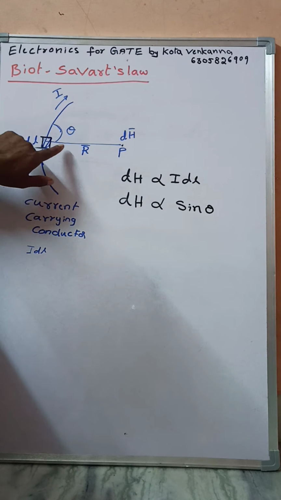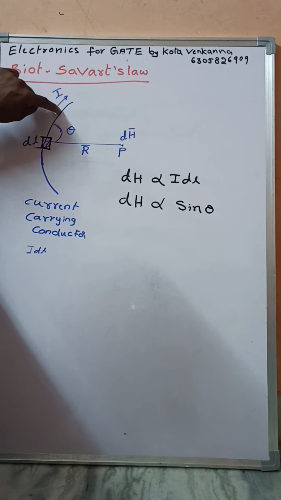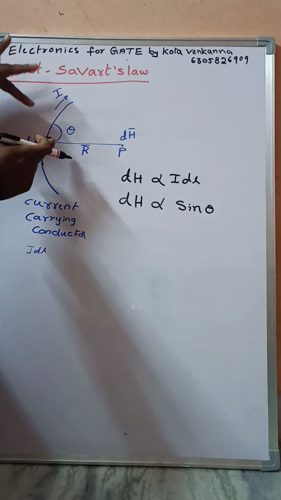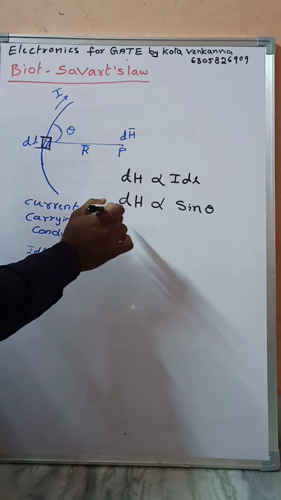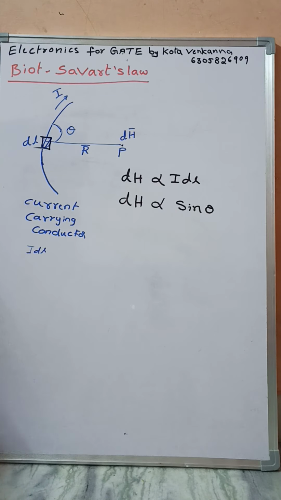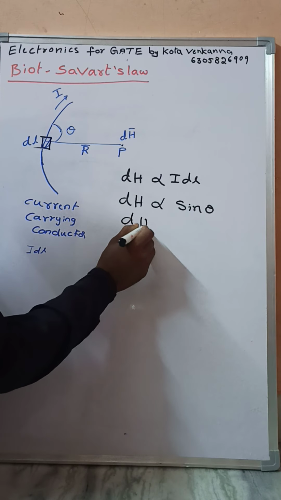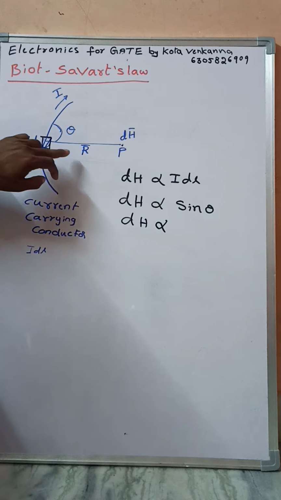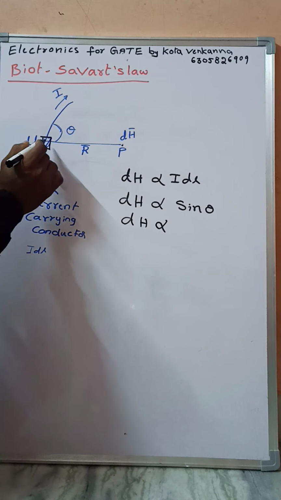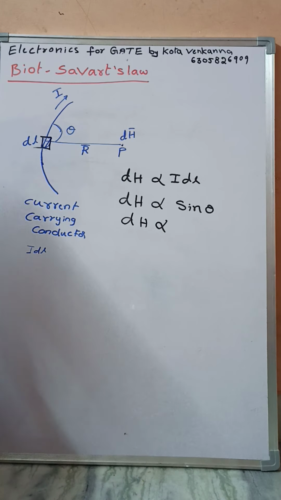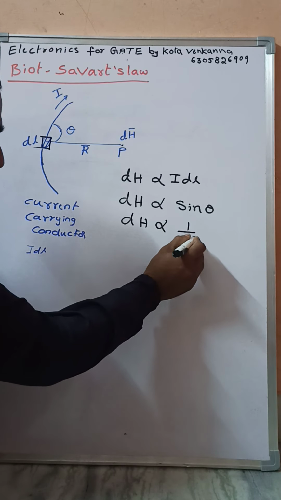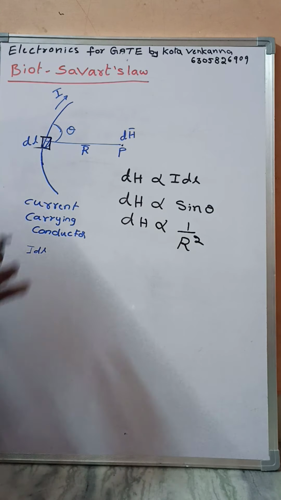Here, theta is the angle between the current carrying conductor and the line joining the point P. That's why dH is directly proportional to sin theta, and dH is inversely proportional to the square of the distance from point P to the small current carrying conductor dl.